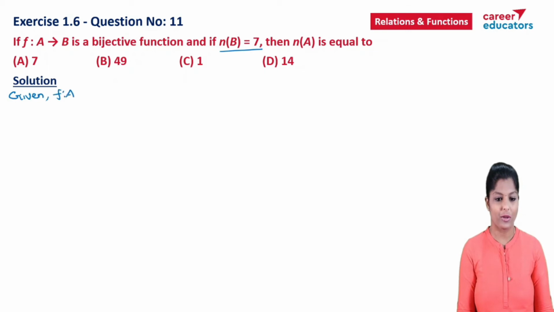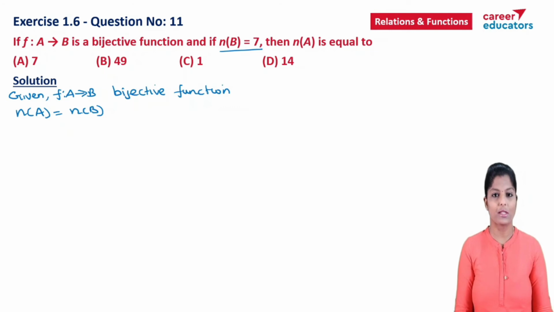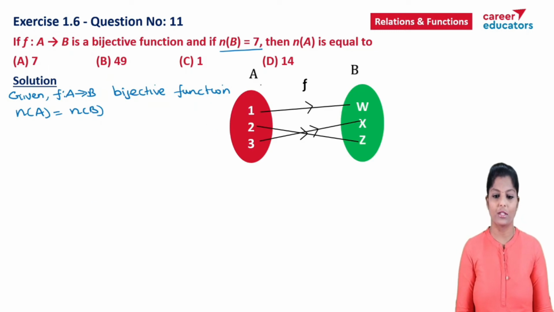Let's solve the problem. Given f from a to b is given as bijective function. So, n of a is equal to n of b. Why n of a is equal to n of b in bijective function? Let me explain with one example. Consider a function with set a and set b. Set a is having 3 elements and set b is having 3 elements.